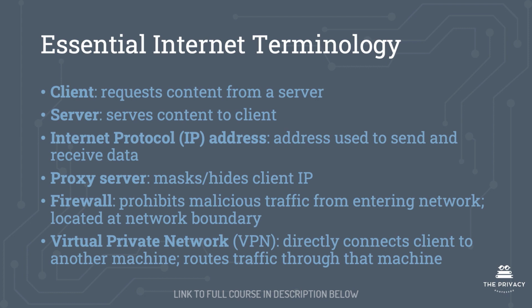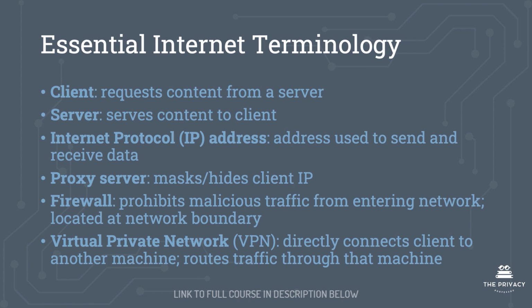IP stands for Internet Protocol, and an IP address is an address used to send and receive data. A proxy server masks or hides a client IP address. A firewall prohibits malicious traffic from entering the network. It is usually located at a network boundary, and so a firewall would be between a client and server, for example.